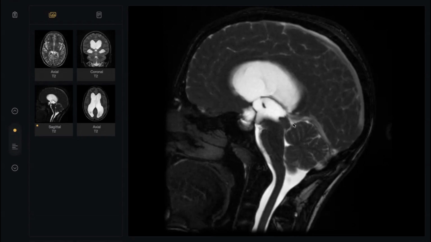Sir, the mass would originate from the tectal plate. Excellent. Or the pineal gland as well. Or there is a web here. So either a pure stenosis, or a web, or a mass from the tectal plate or pineal.